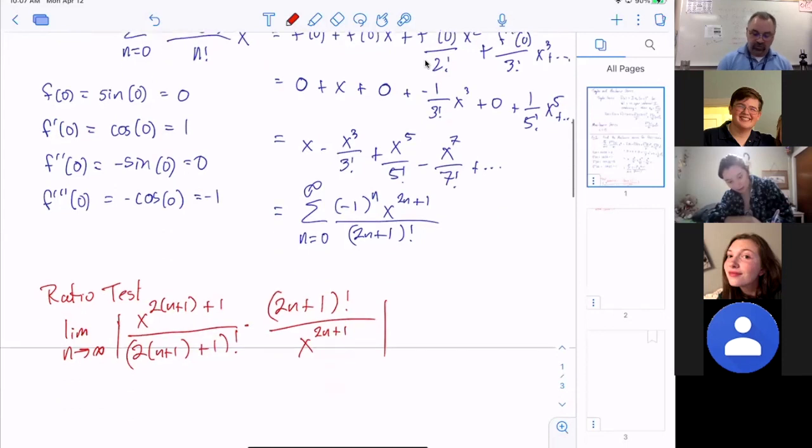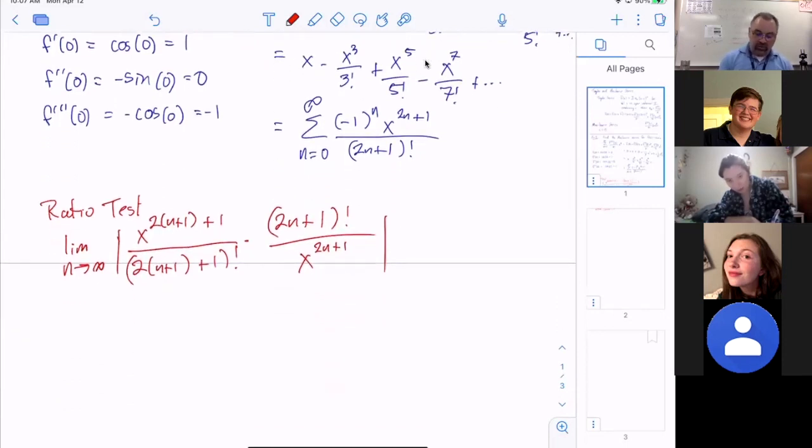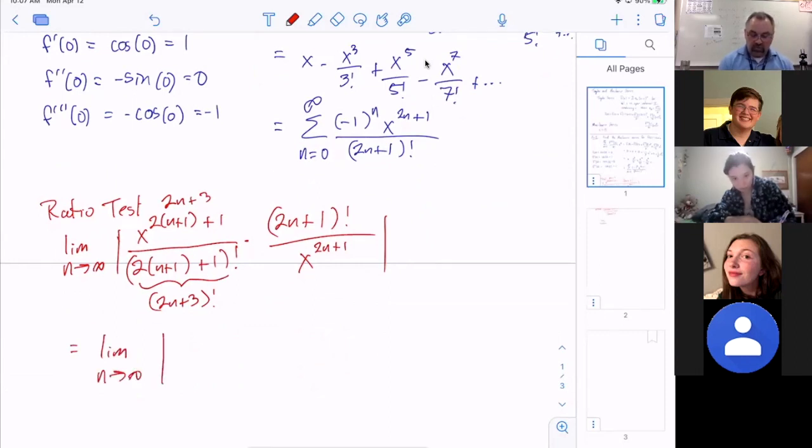And we'll just do a quick little bit of algebra here. This is, of course, 2n plus 3 for our exponent, and this is also 2n plus 3 factorial. Remember that there's some reducing we can do because of the way factorial works, right?